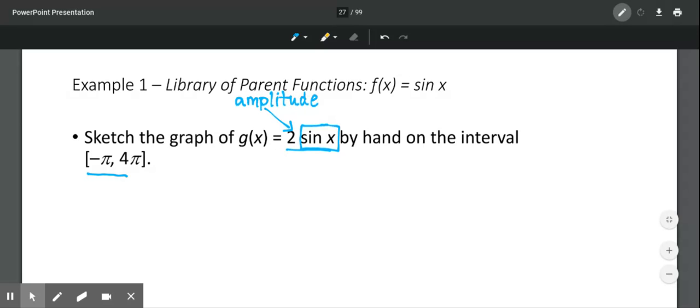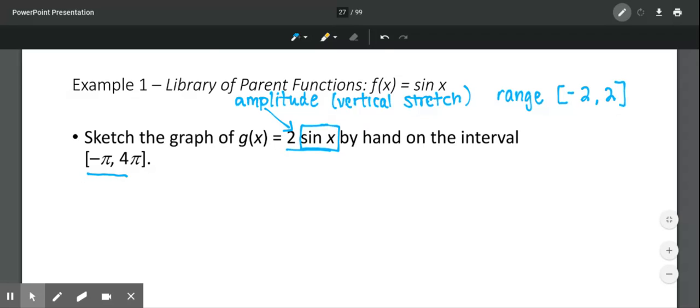And the amplitude is really just a vertical stretch. So what this is saying is we have a vertical stretch of 2. And so what that would mean, if our vertical stretch is 2, then our range, instead of being negative 1 to 1, our range would be negative 2 to 2, because we're going to stretch that y value vertically.